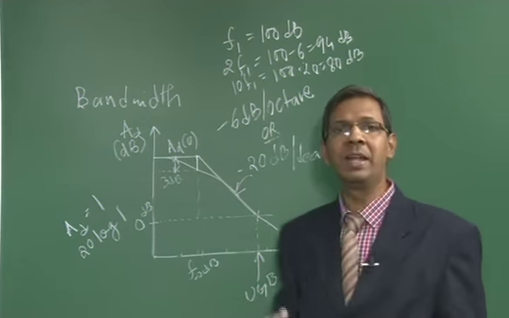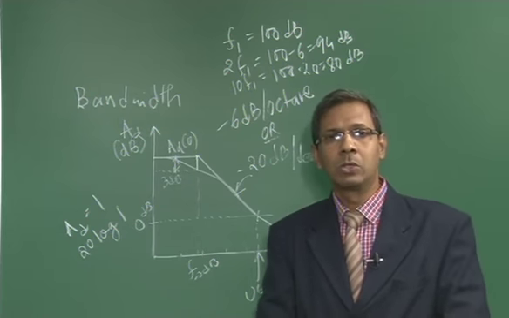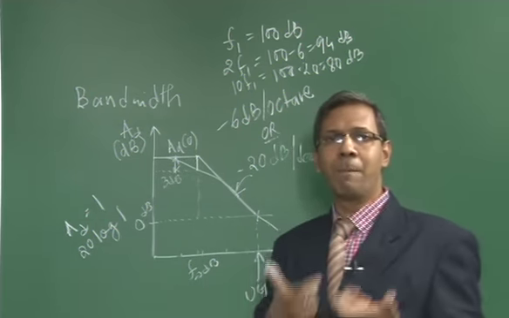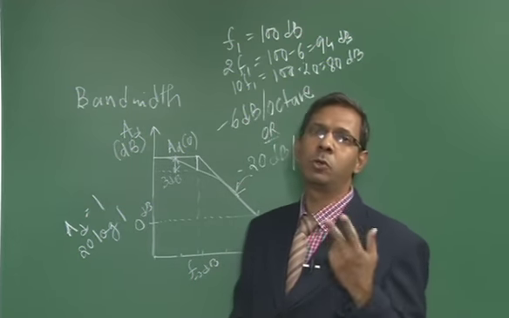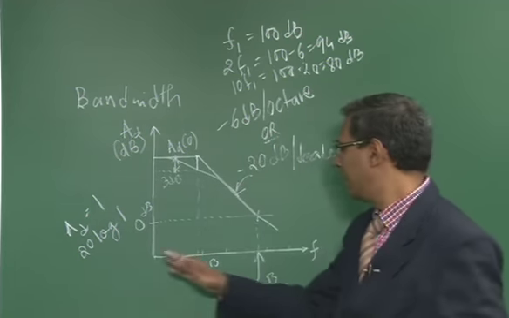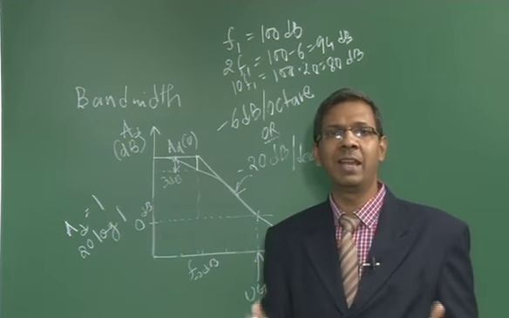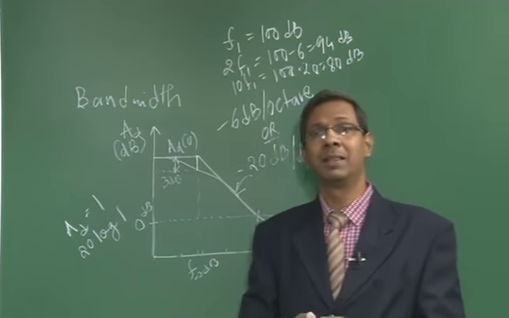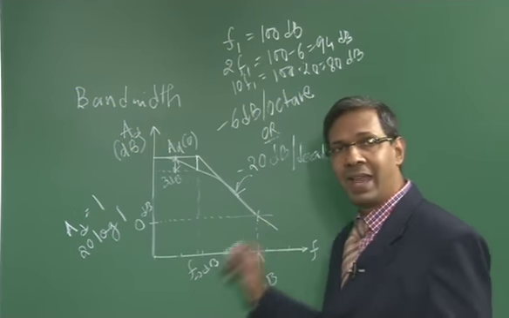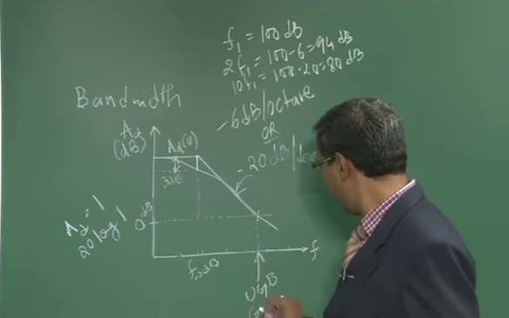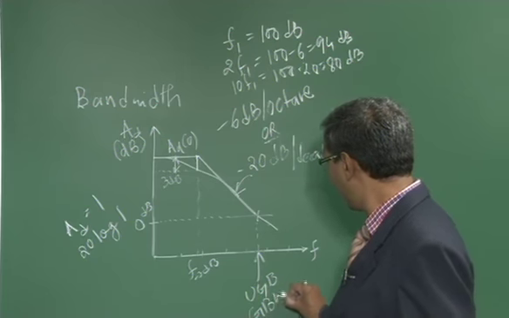I call that the unity gain bandwidth. Specifications or data sheets refer to two types of bandwidths. One is the unity gain bandwidth or UGB, which is also called the gain bandwidth product.